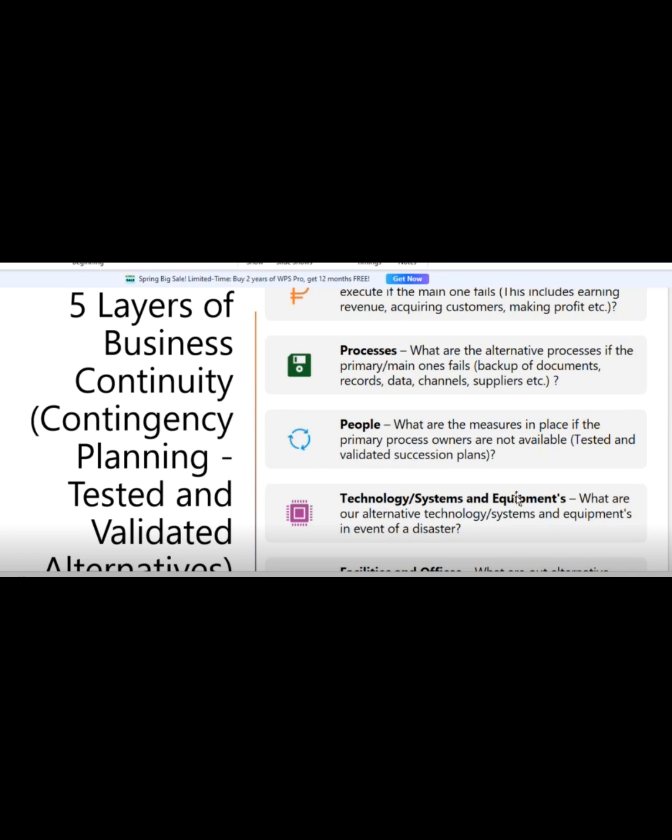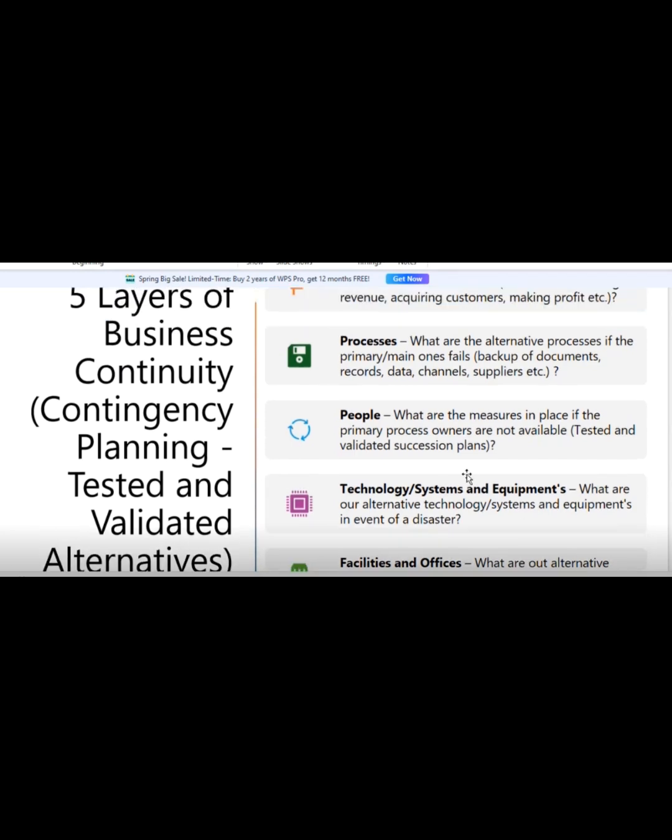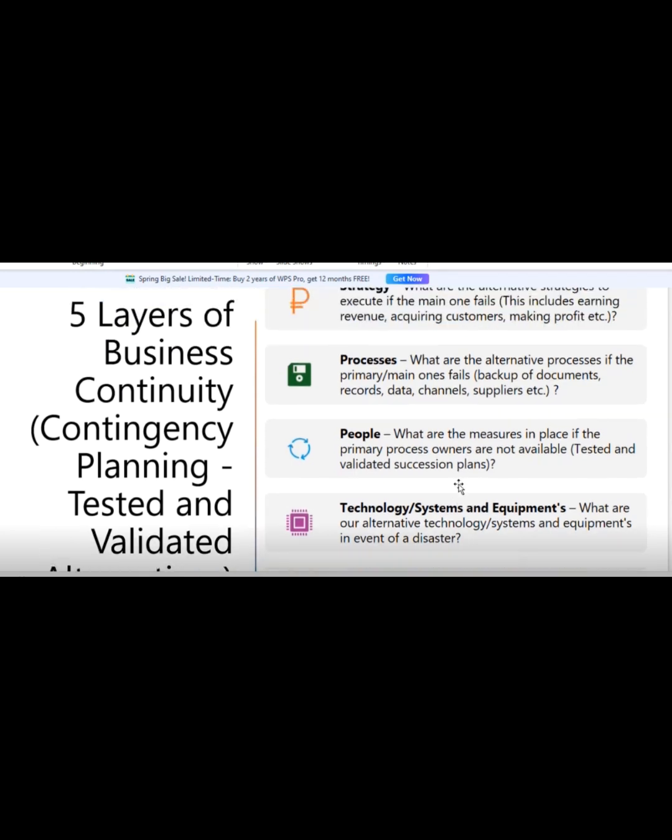Are we saying that the organization runs to the ground? Are we saying that they will be out of operations, out of business because they lost their facility? So these are the very important layers of business continuity that must be well planned and well put in place to ensure that all of this works.